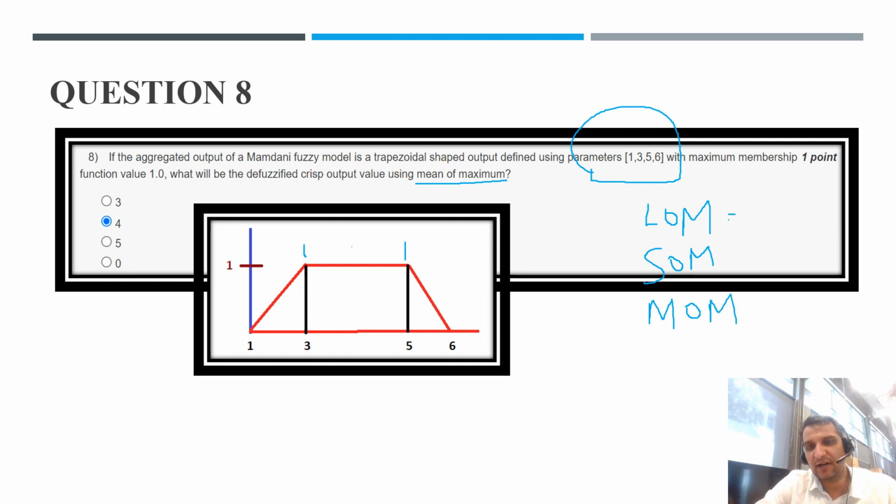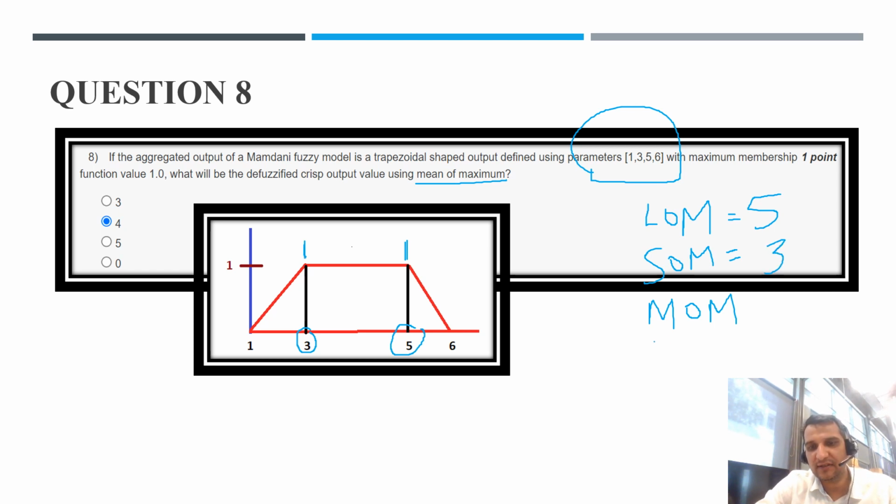In case of largest of maxima, this is the value 5 which is highest, and at this the membership value is equal to 1. So largest of maxima equals 5. Smallest of maxima, this is the smallest value where the membership value is high, that is 1. So smallest of maxima is equal to 3.